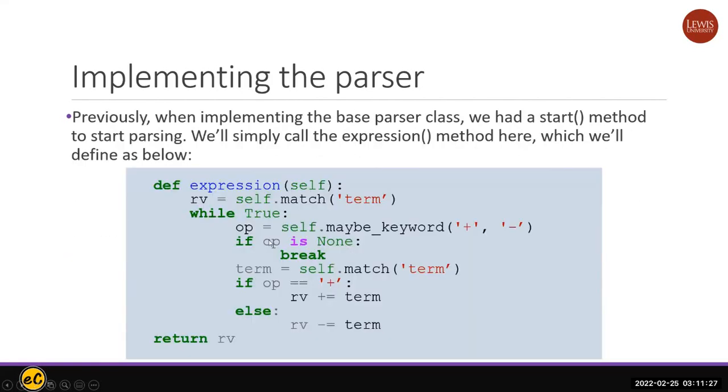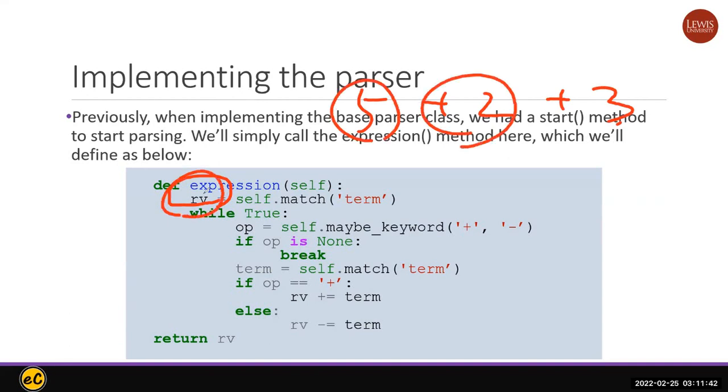Okay, so here, if you finish the evaluation of the term, your RV evaluates by this. Say you have 5 plus 2 plus 3. This 5 is the first RV you have, plus 2 will have the term plus into your RV, and 3 will be plus into your RV again.